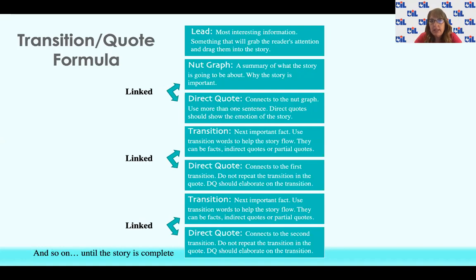And remember, our transition can be a fact, it can be an indirect quote, and that's when we take what somebody else has said and put it in our words, or it can be a partial quote, when we put quotation marks around something really emphatic, and then the rest is our words. But we want that transition to lead into the direct quote, and then we want the next transition to lead into the next direct quote. And we just follow this formula all the way until the story is finished.